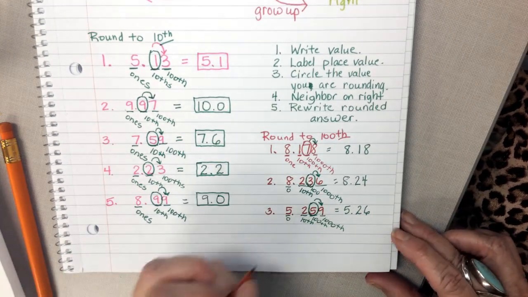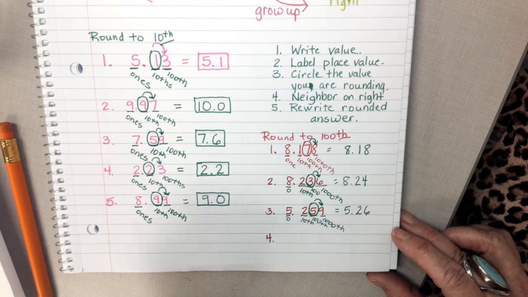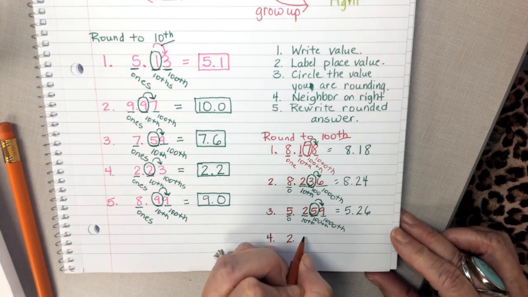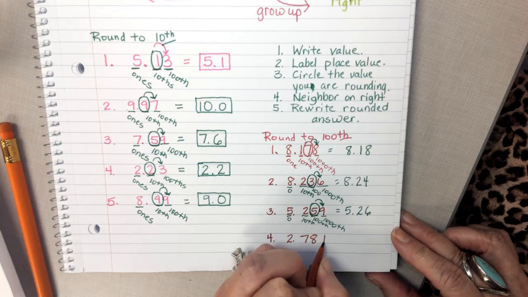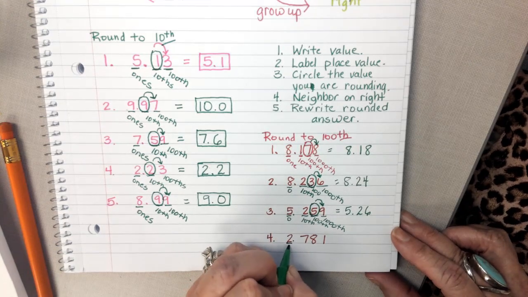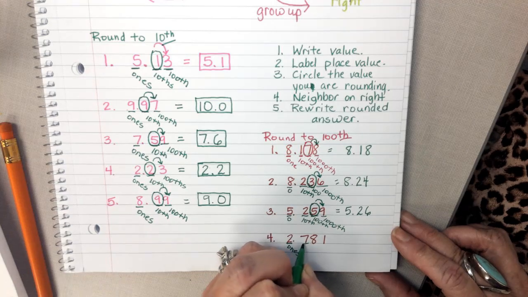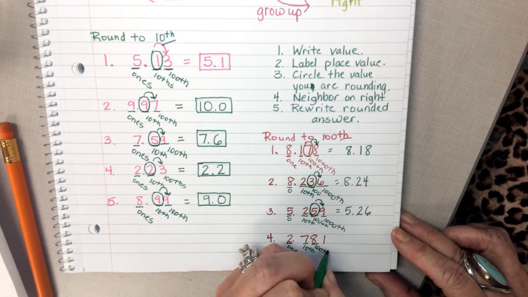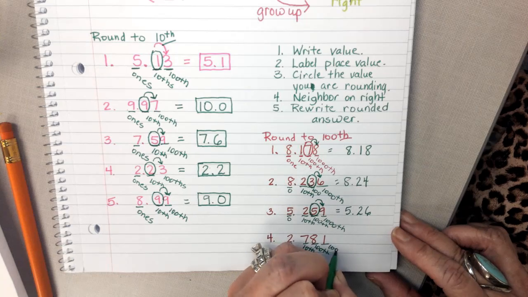Question number 4. 2 and 781 thousandths. Labeling your places, the ones, the tenths, the hundredths, and the thousandths.